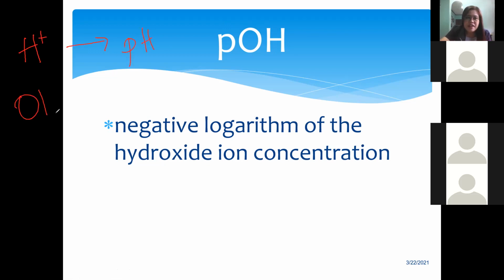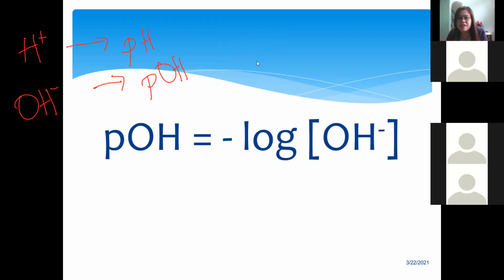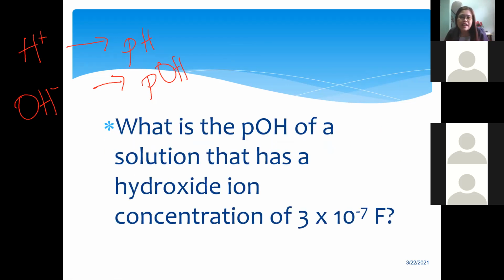But if the given is the OH negative, then you will be computing for the POH. Actually, they have the same formula, almost. So POH is equal to the negative log of our OH. This is our second formula for this morning. So please remember this. POH is equal to the negative log of our OH negative.